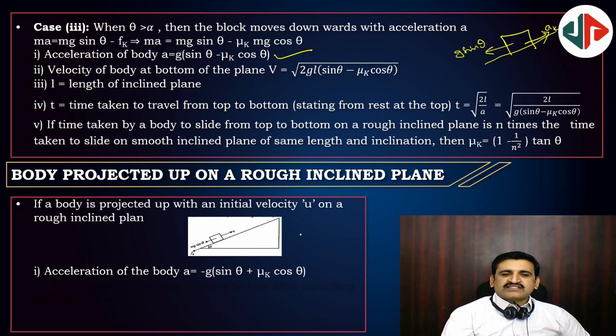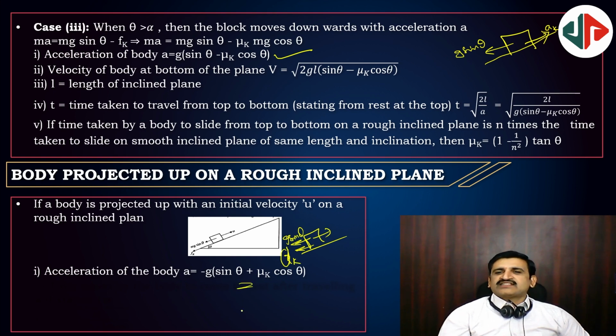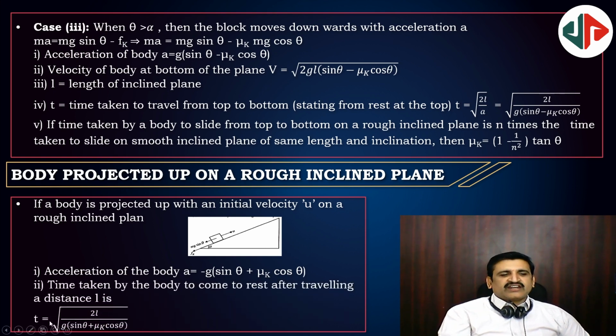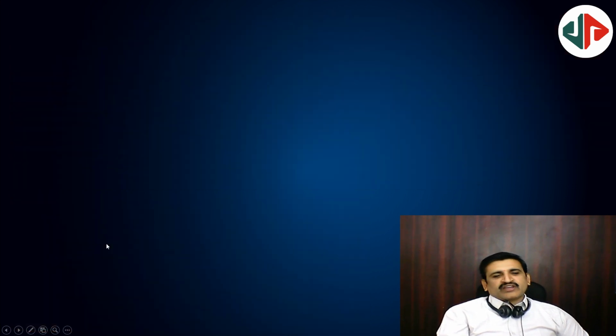When the body is projected up, its tendency is upwards, so friction acts backwards, and g sin theta is backwards too. Both are in the same direction, so they are added, that's why the plus sign. That is important here. And the time taken to stop is 2L by square root of g of sin theta plus mu k cos theta.